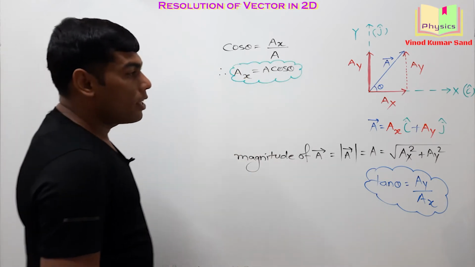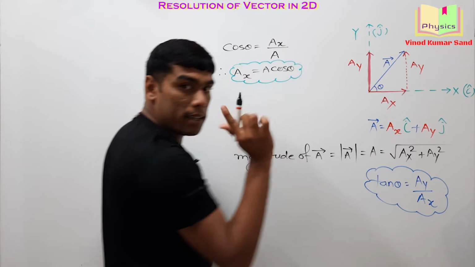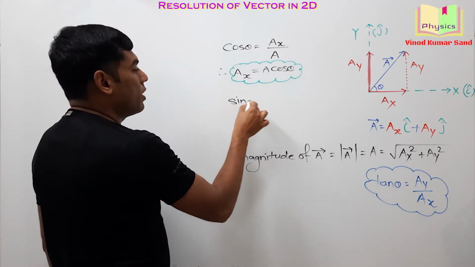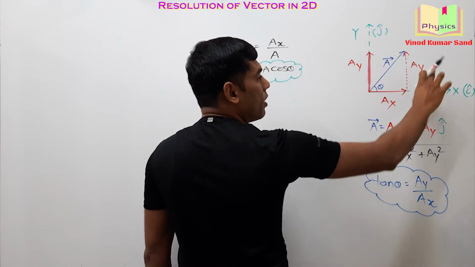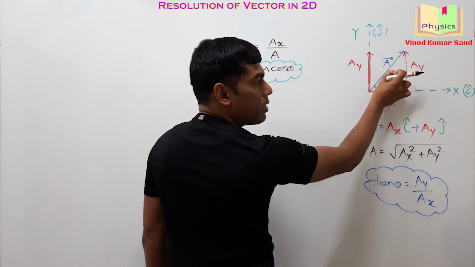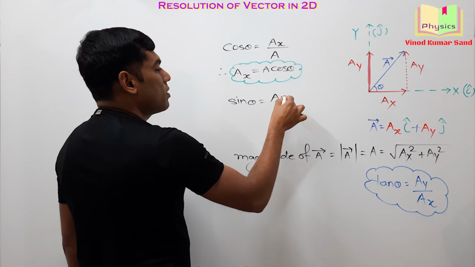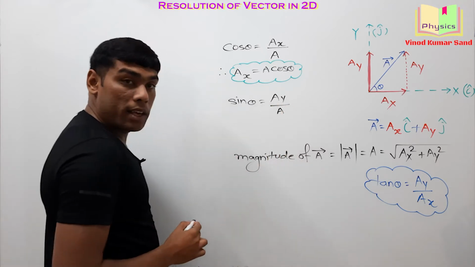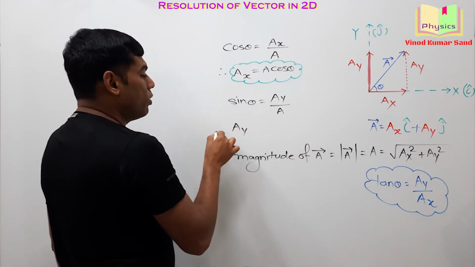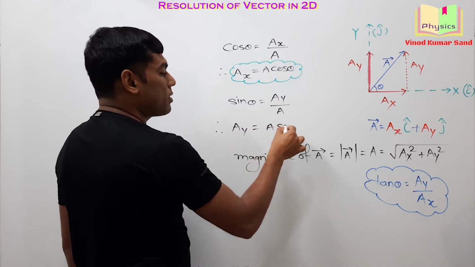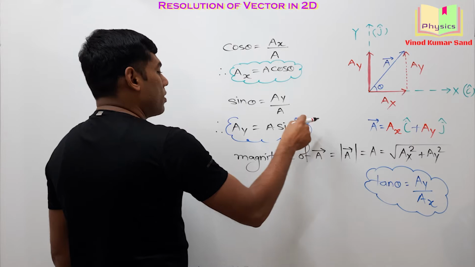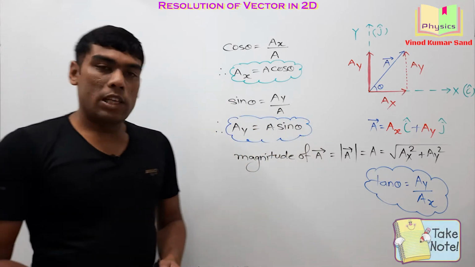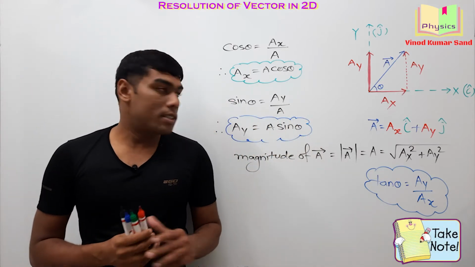Second thing, if you consider sine theta in this triangle, then what will you write? Sine theta in this triangle will be equal to this length divided by this length, meaning AY divided by A. So AY will be equal to A sine theta. This is another important result. You can note down all these results.